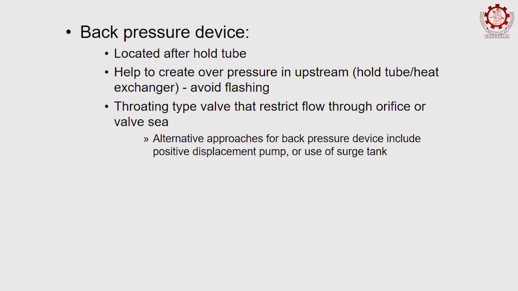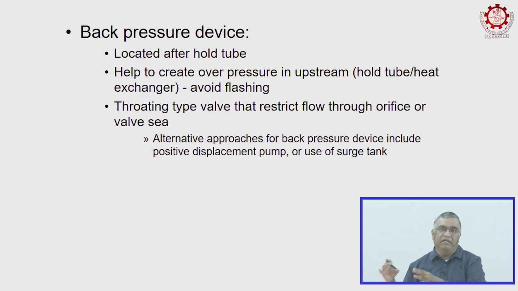Now, I talked about the aseptic processing temperature is 130, 140 Celsius. If you remember, water becomes steam, it boils at 100 Celsius, whereas your product here is being processed at 130 or 140 C. So, how do I maintain the product in the liquid state in my holding tube?